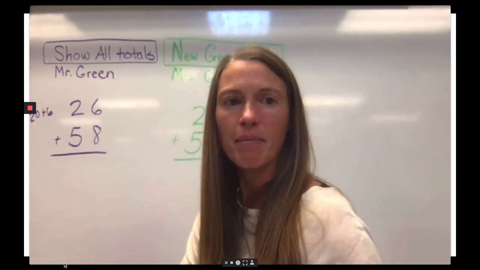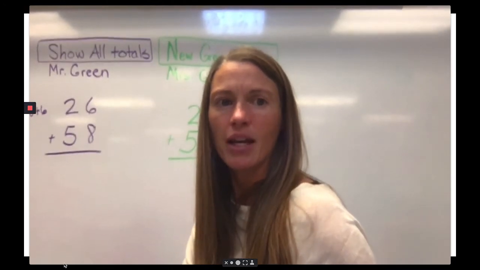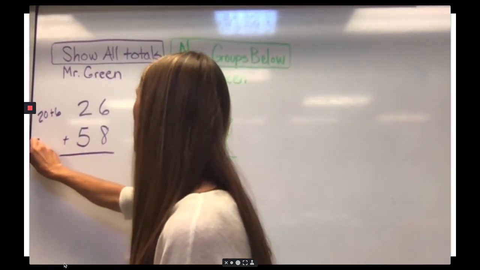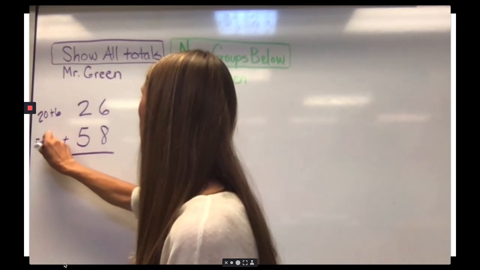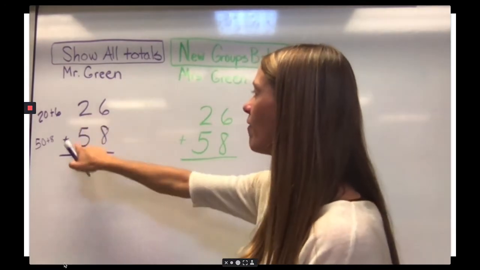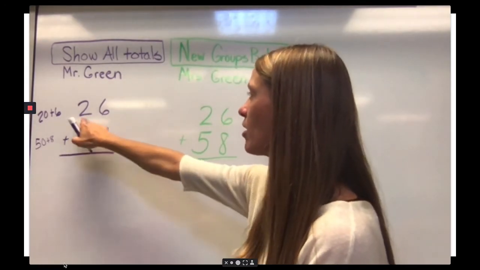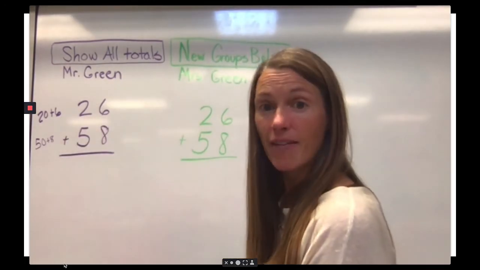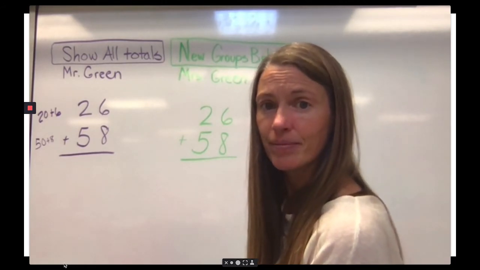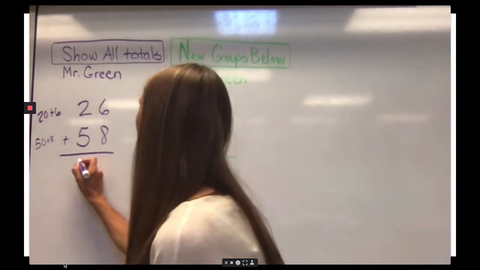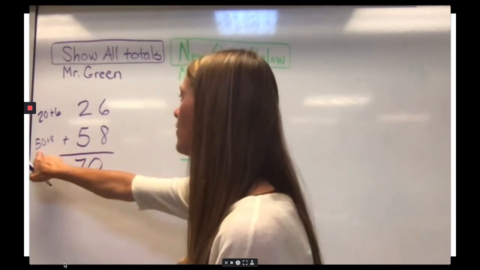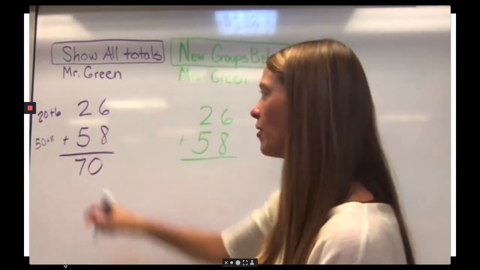And he also has 58, which is 50 plus 8 in expanded form. So if I have 50 plus 20, or 5 tens plus 2 tens, what does that equal? Yeah, 70, or 7 tens, because 50 plus 20 is 70.